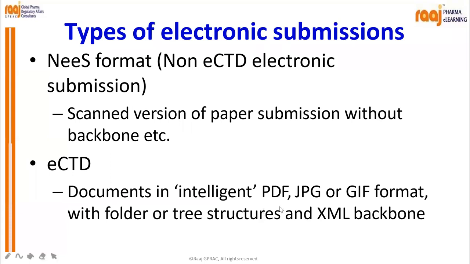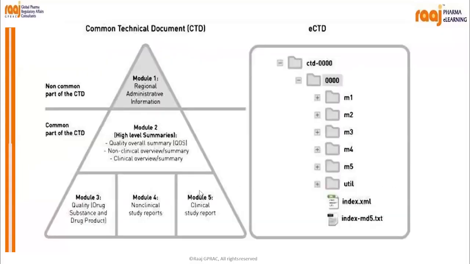This you will really learn in the next week's lecture: how the XML backbone is generated, how hyperlinks and bookmarks are created with your CTD submission. This is the common triangle which is widely used and available on the internet, in which you will see module 1, module 2, module 3, module 4, and module 5.